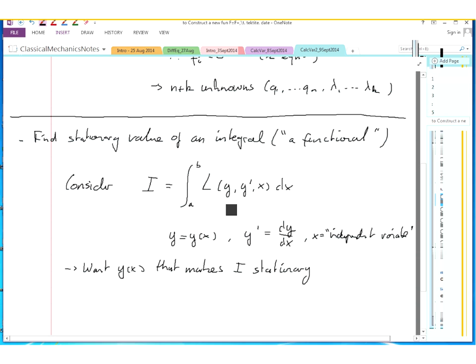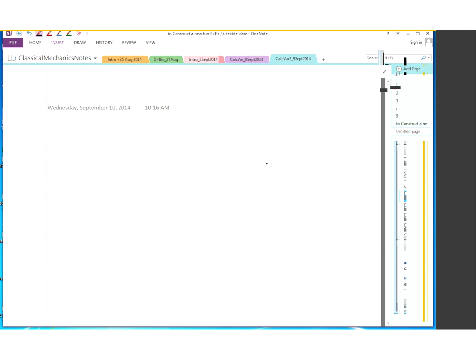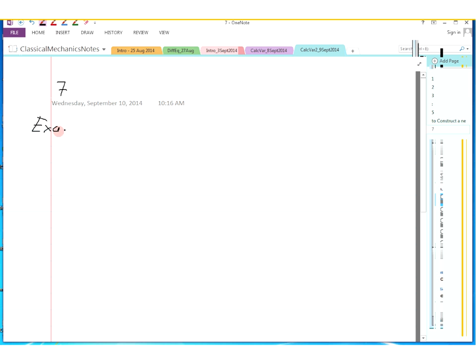I'll start a new page. I'll give you an example of a case where you may want to find a function that maximizes or minimizes an integral. This is example 2.4. It's called the brachistochrone.